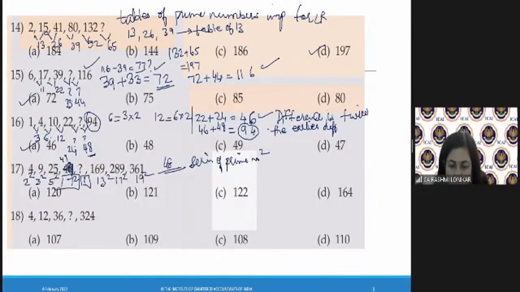So what is missing here? This missing will be 9 square. And this will be 11 square. There are two missing. This difference is missing and this difference is missing. So 9 square and 11 square. So this should be 81 and then 11 square will be 121.